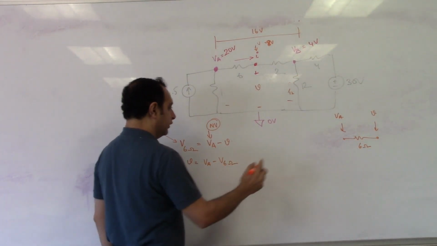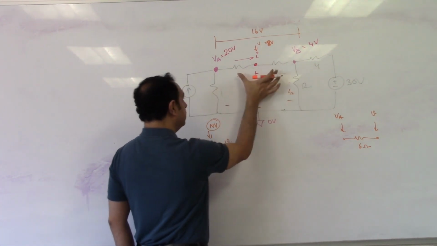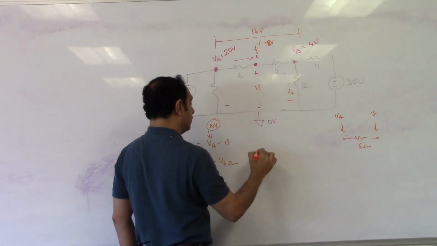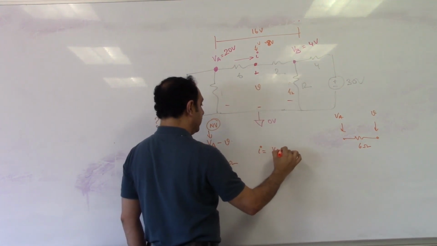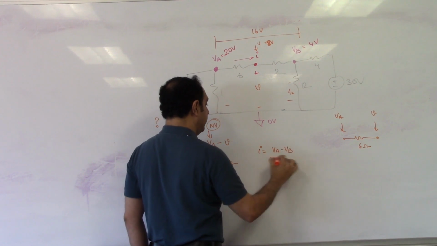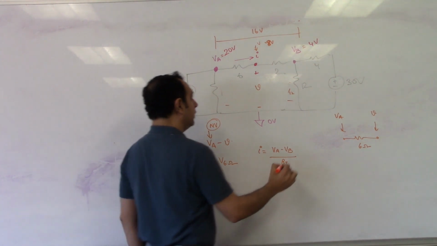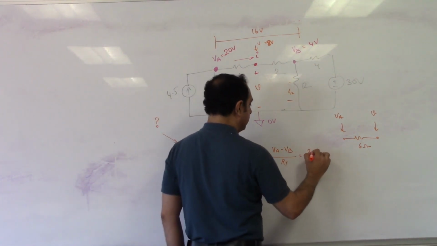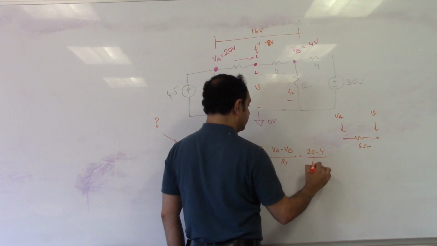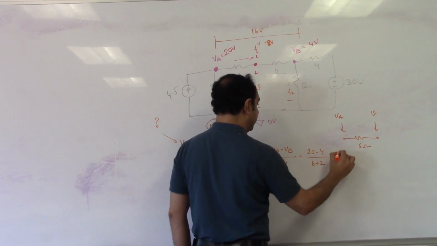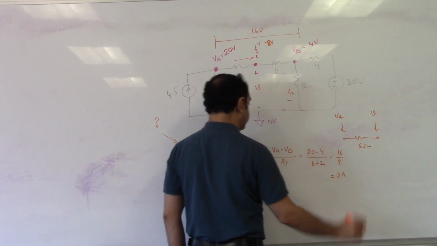If you look here, this is a series connection. So the total current I flowing through both of them will be equal to VA minus VB divided by R total, which is nothing but 20 minus 4 divided by 6 plus 2. That will be equal to 16 over 8, which is equal to 2 amps.